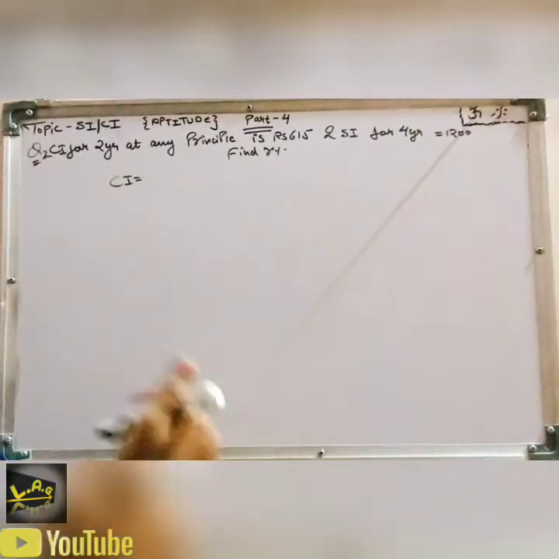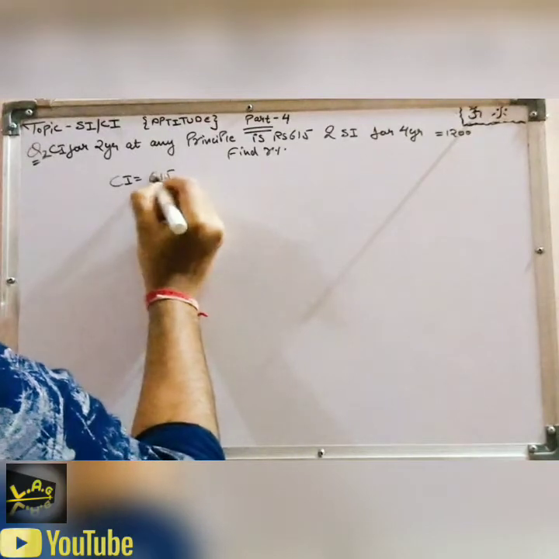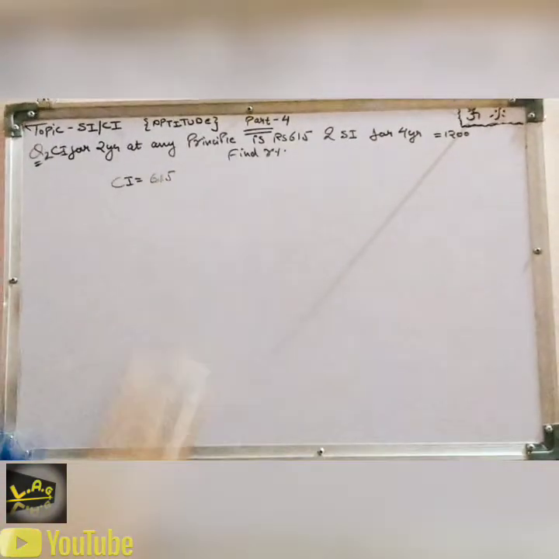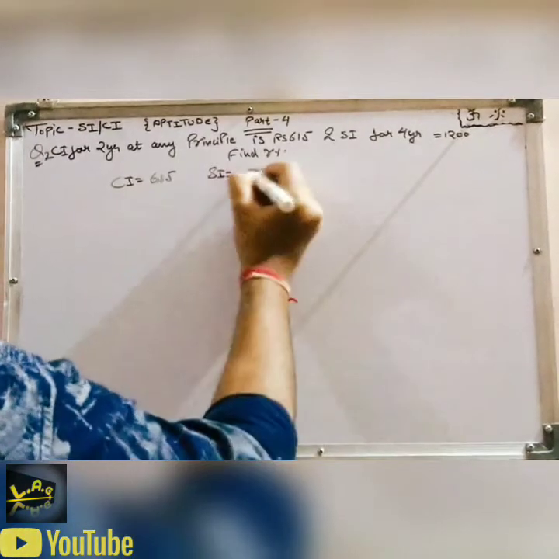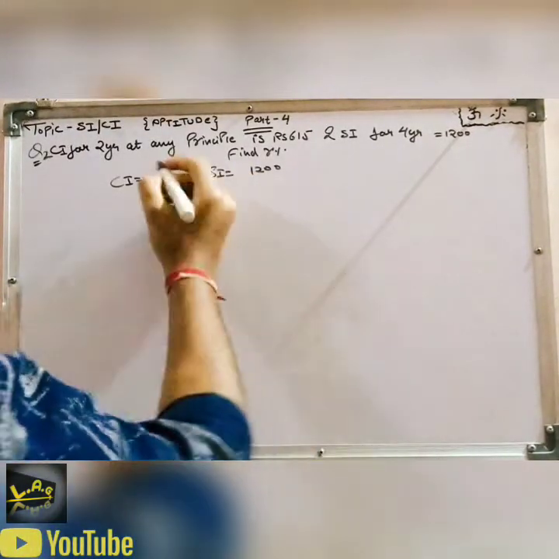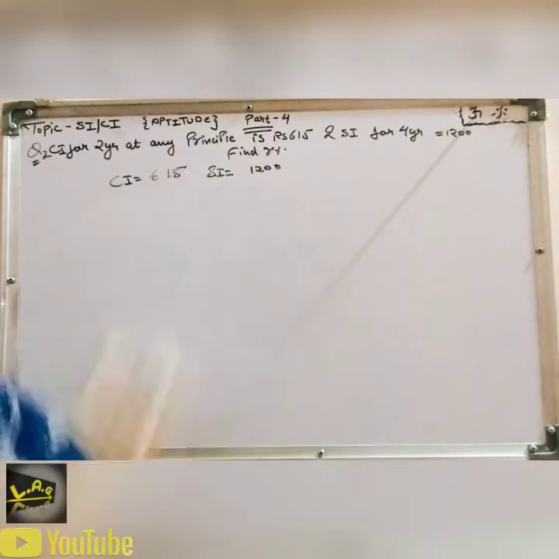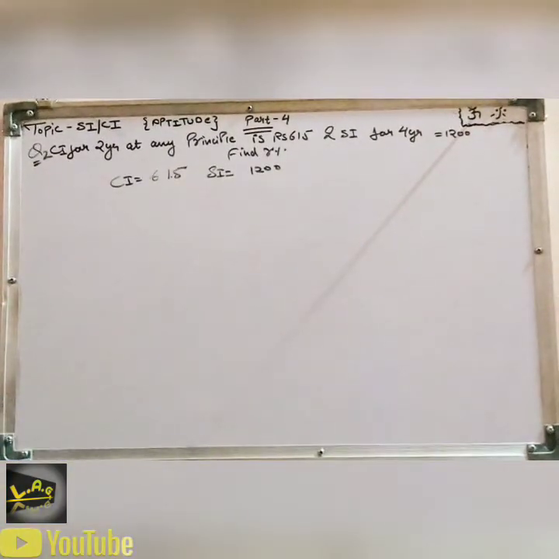So you have to first calculate: CI is given as 615 and SI is given as 1200. How can we break this CI and SI so that there is a complete combination of common numbers?